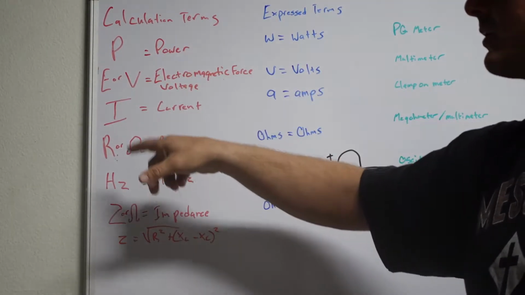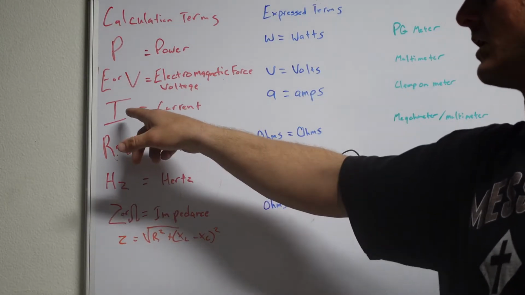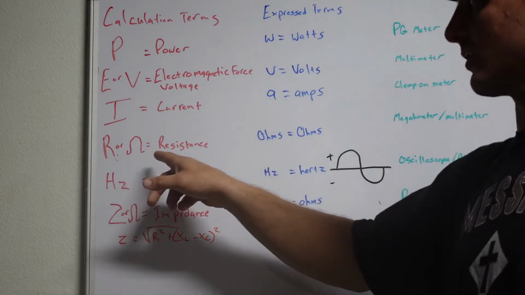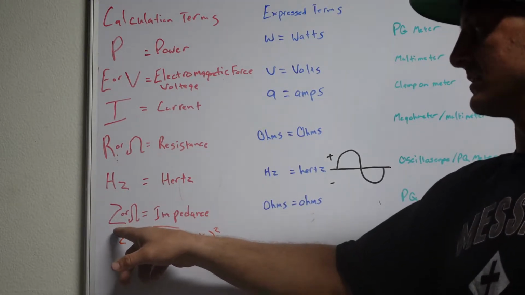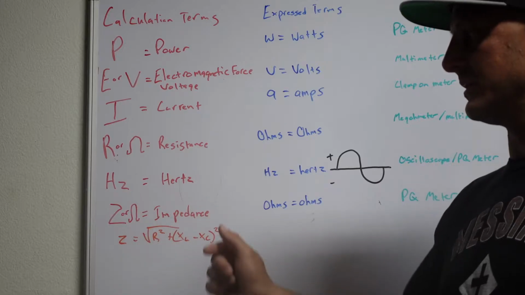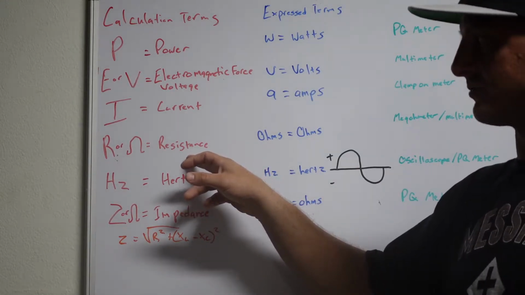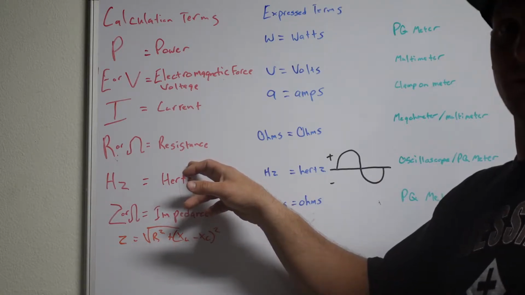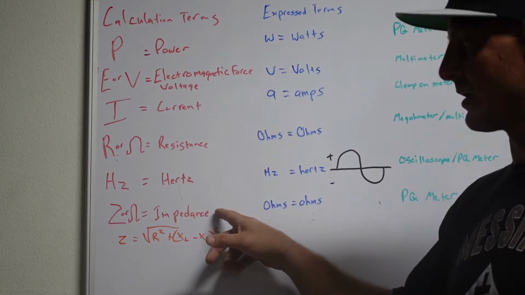P is for power, the E is for electromotive force, or also known as voltage, I is for current, the R or the omega is going to be resistance, the Hz is hertz, the Z or the omega is impedance when you're talking about an AC circuit. The resistance is mainly for anything without capacitance or inductance, typically DC, where the impedance will be AC.